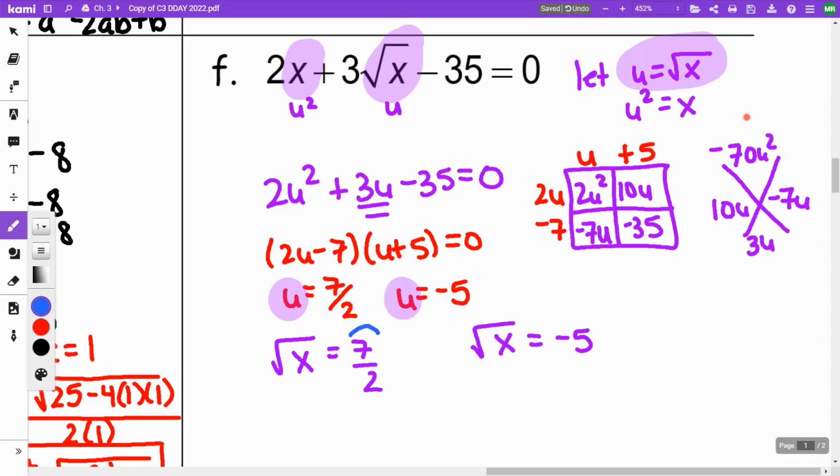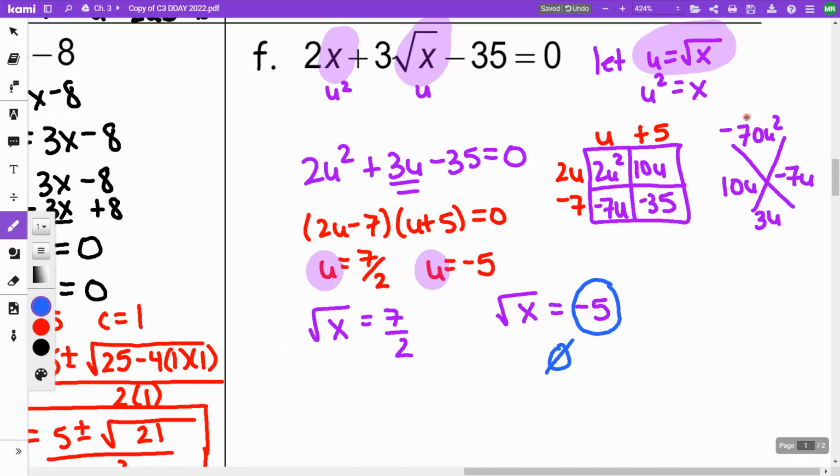You need to look to the other side and make sure it's positive. This is okay. Over here, look to the other side. This is negative. So this is going to be no solution there. I'm not going to work that one out. So over here, when I square both sides, I'm going to get x is equal to 49/4. And that's your answer.